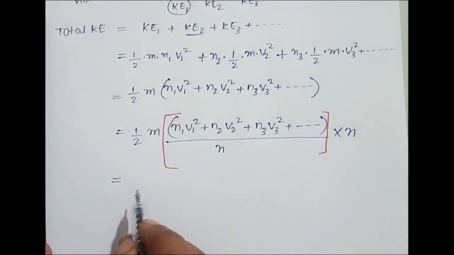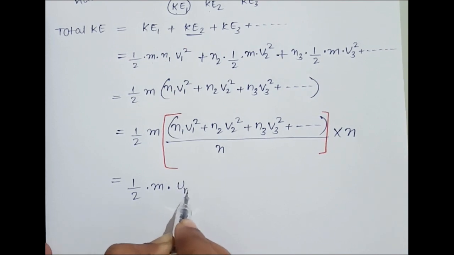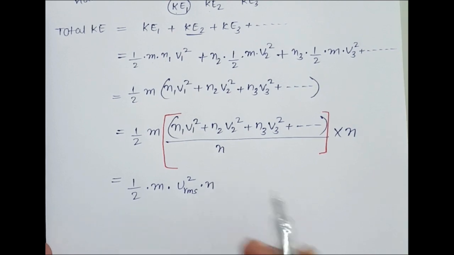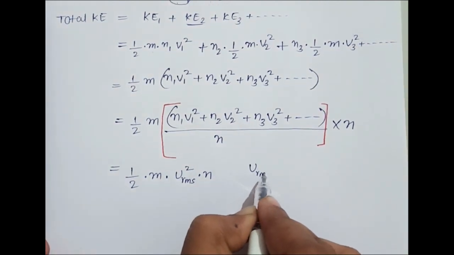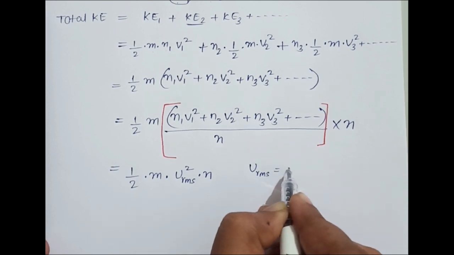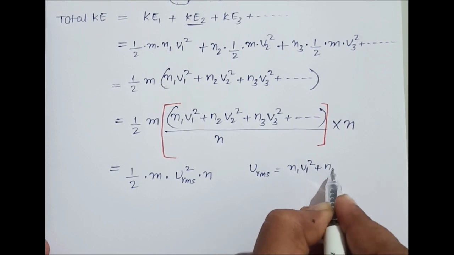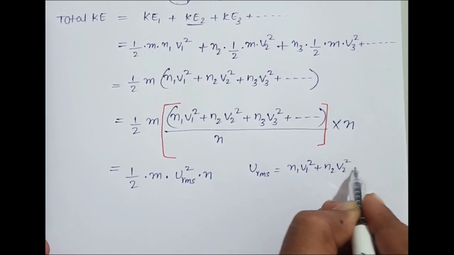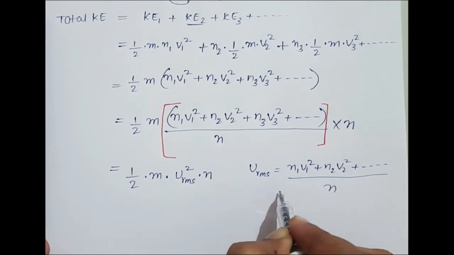So what can I write? Half m into u_rms square into n, right? Where u_rms is equal to, what is the formula for u_rms? n1 v1 square plus n2 v2 square plus so on, divided by the total number of molecules, and its square root.